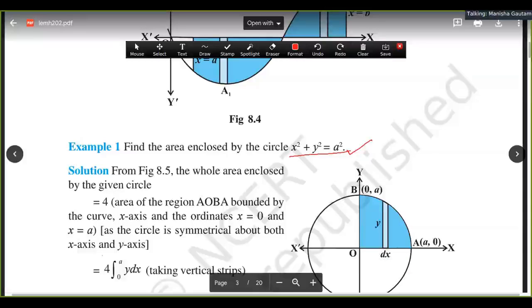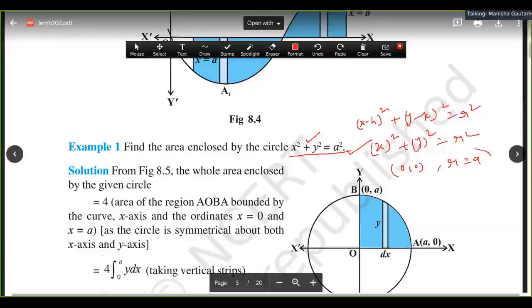The equation of a circle is like this when the center is (h, k) and radius is r. If the center is (0, 0), you are getting an equation like this. It means here the center will be (0, 0), but the radius will be equal to a. You can compare this a square with small r square. You are getting r is equal to small a.